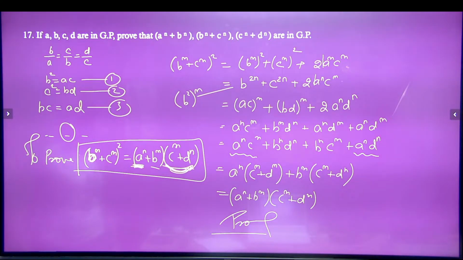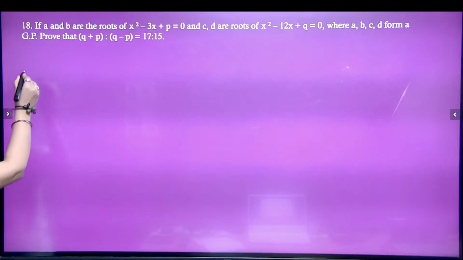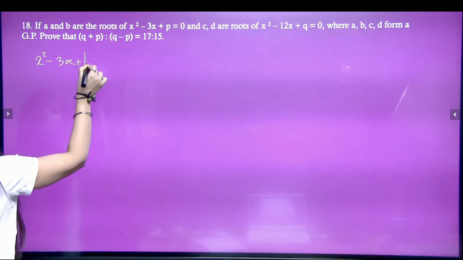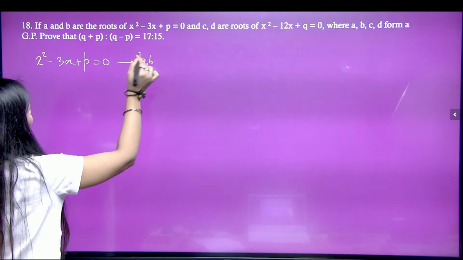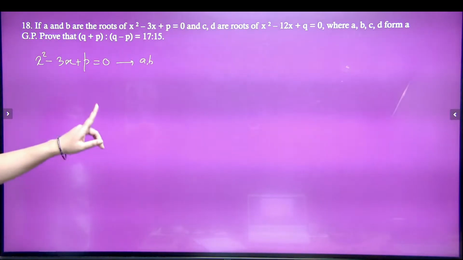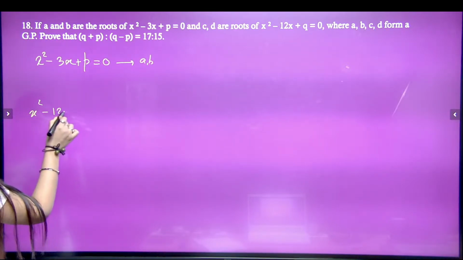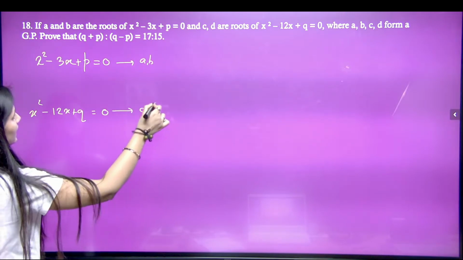Moving on to the next question, question number 18. Question number 18 is, if a and b are roots of x square minus 3x plus p, so I am writing everything separately. This is the first equation whose roots are a and b. And then it says that c and d are roots of this: x square minus 12x plus q equal to 0, and its roots are c and d.